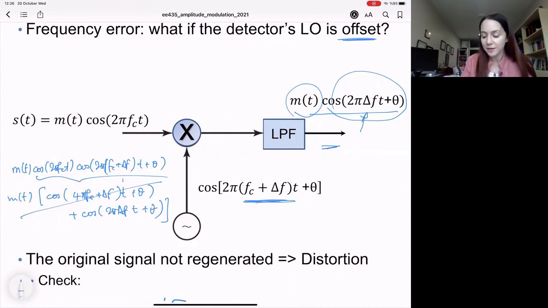On the other hand, the average human ear is insensitive to phase differences. So for most people, the phase difference will be unnoticeable. So this is some kind of distortion. We will see other kinds of distortion in communication systems.